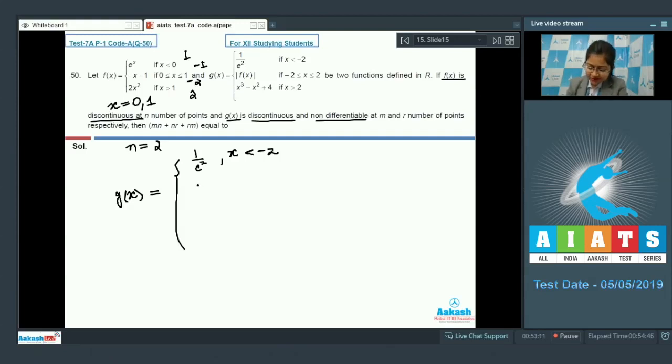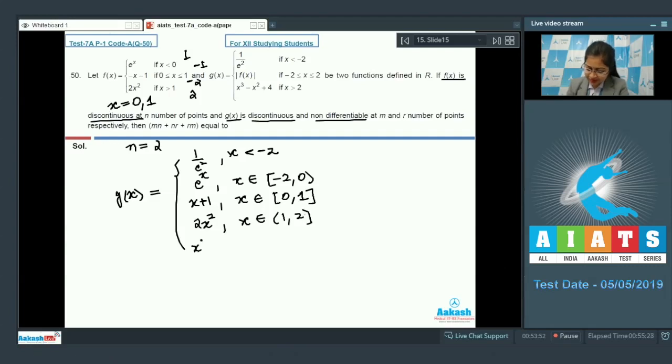Now mod of f(x), that is, it is equal to e raised to the power x for x going from minus 2 to 0, and it will be equal to x plus 1 for x going from 0 to 1, and it will be equal to 2x square for x going from 1 to 2, and it is x cube minus x square plus 4 for x going from 2 to infinity.